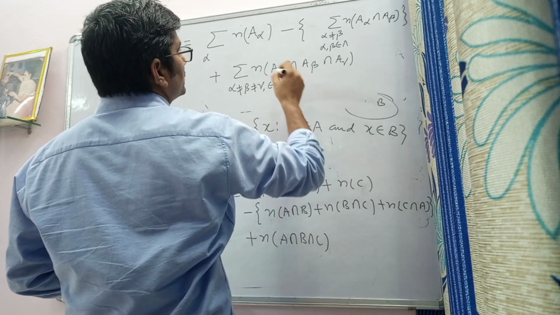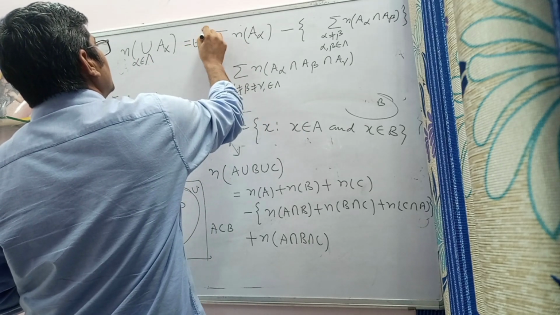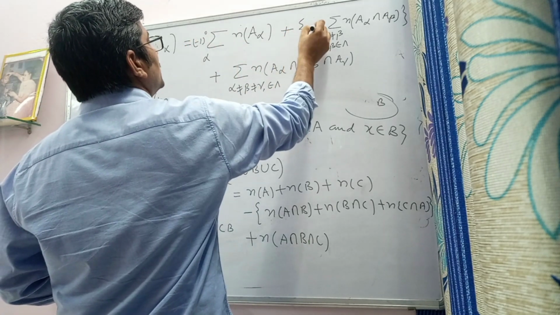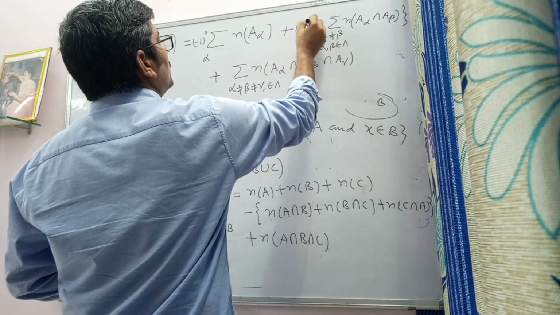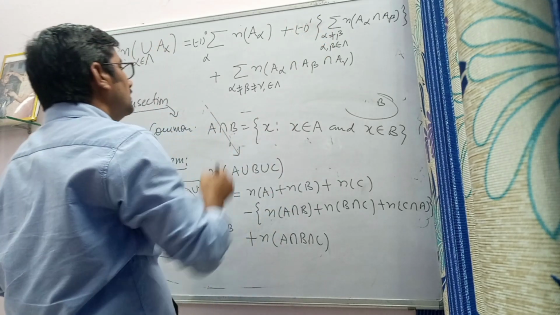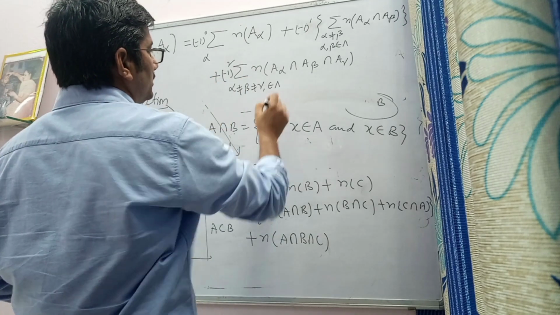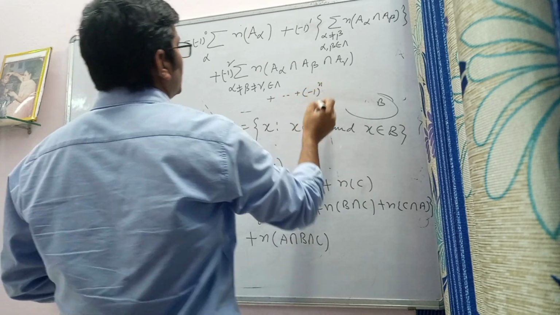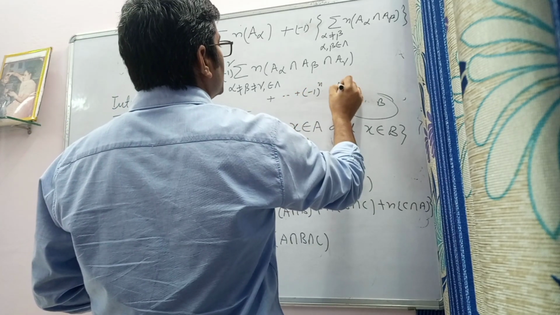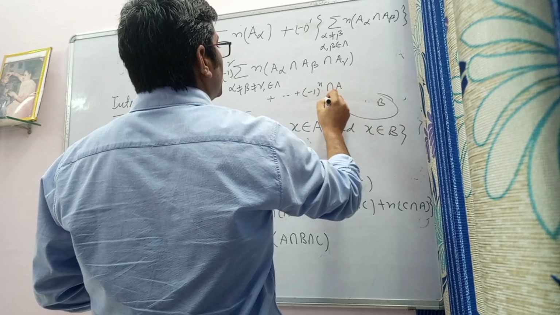Similarly you can proceed: minus 1 to the power 0, plus minus 1 to the power 1, minus 1 to the power 2 and so on, and finally minus 1 to the power n times the intersection of all the A alpha.